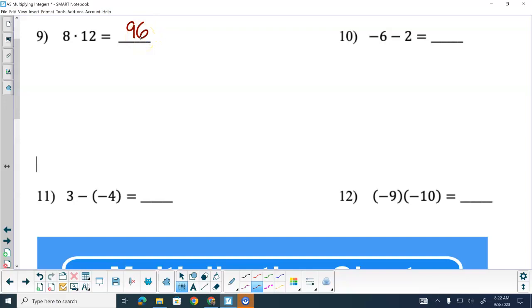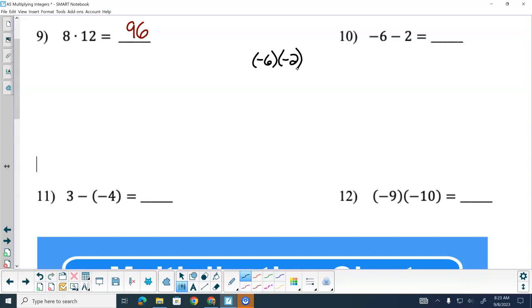In number 10, is it negative 6 times negative 2? No, it's not. What is it? Negative 6 minus 2. There's a big difference between this and this. There's a big difference if there's parentheses around both of them with nothing in between. Okay? Negative 6 minus 2 is how much?